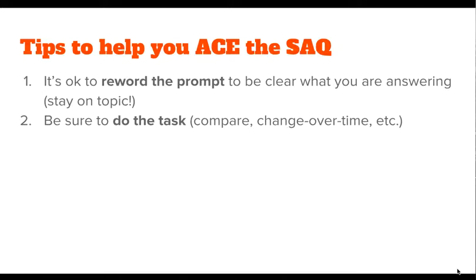A beautifully crafted response with a lot of historical evidence that fails to do the task assigned still earns 0 points. So just look out for those keywords like similarity, difference, change, continuity, or the phrase stays the same, differed. Those are all good words that will clue you into the task that you are supposed to be doing.